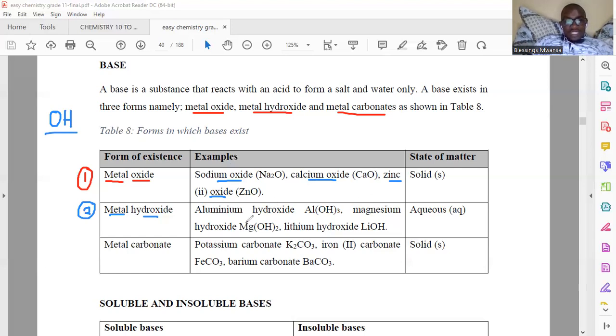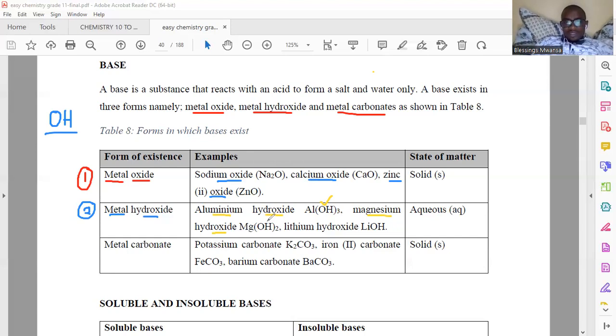For metal hydroxide, I get aluminium and I combine it with hydroxide. I will produce what is known as aluminium hydroxide. If I get magnesium, I combine it with hydroxide, I will get magnesium hydroxide. That is equally a base which is existing in a different form.